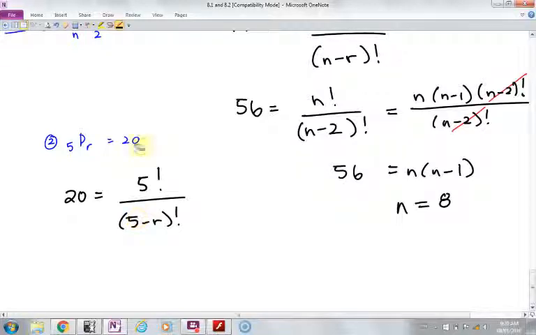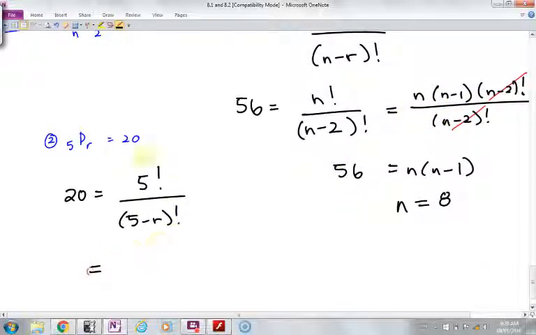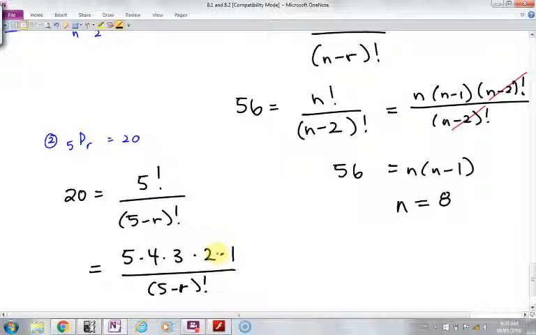Now, do you notice here when we did the canceling, the numbers we're left with are always the bigger numbers. Okay? Because we're canceling smaller numbers here. So it's the two bigger numbers that multiplied to 56. So we want to use that same idea here. 5 factorial is 5 times 4 times 3 times 2 times 1. Some of these numbers, the smaller numbers, are going to cancel with this number to give me 20.